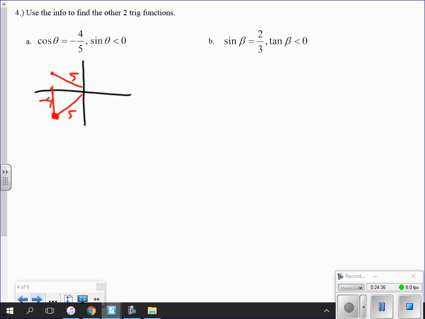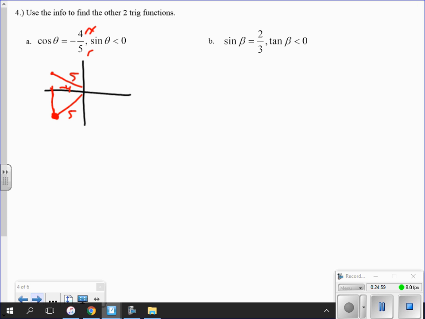So I have negative 4 and negative 5, yes. Wouldn't that make the cosine positive? I'm sorry. This is negative 4, that distance here. Yeah, but like the x and the y values are both negative, right? Yeah, so what is my x value? What is the cosine? Remember what's the cosine value?